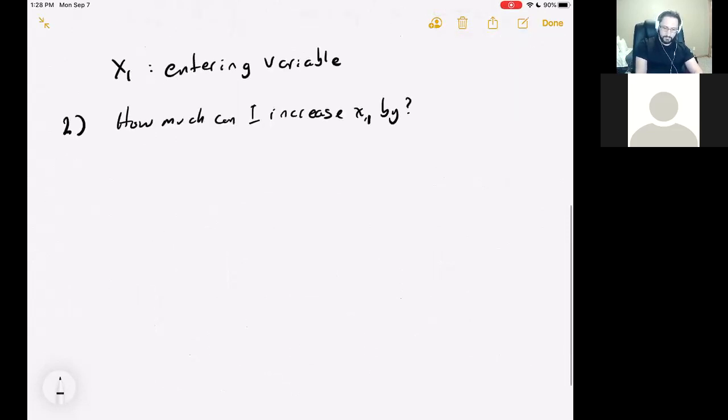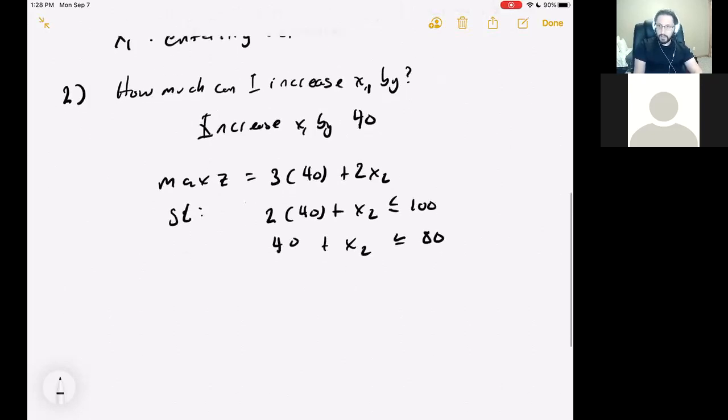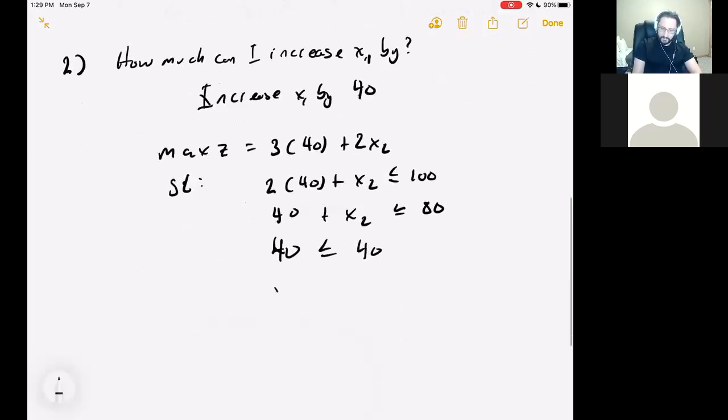That makes this LP, once I increase x1 by 40, look like maximize z equal to 3 times 40 plus 2x2, subject to the constraints 2 times 40 plus x2 less than or equal to 100, 40 plus x2 less than or equal to 80, 40 less than or equal to 40, and x2 bigger than or equal to 0.